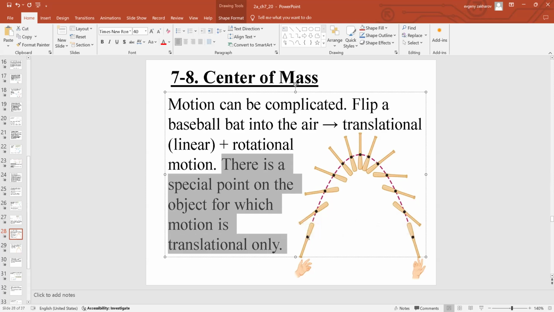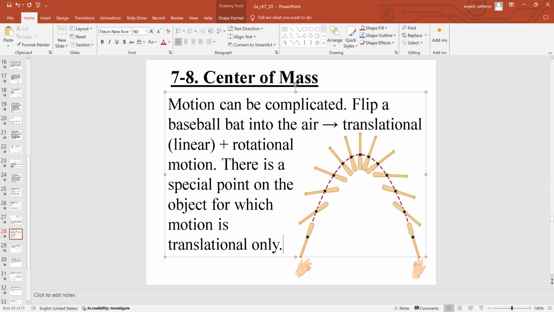So the center of mass is this black dot that you see going, which never shows any rotational motion. This dot, this particle, this specific point on the object is the point that undergoes the translational motion only. No rotation for the center of mass.